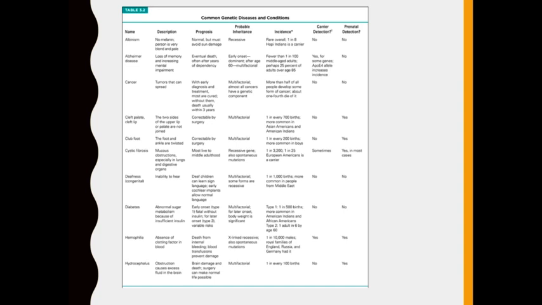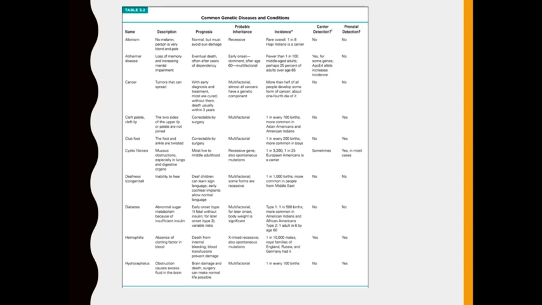Other things, you'll notice a lot of them say multifactorial, like the early onset type of Alzheimer's disease is dominant, but after age 60, that type of Alzheimer's disease is multifactorial. So we have homed in on, okay, if you get it when you're 50 or younger, that's probably a dominant gene that you inherited from your ancestors.